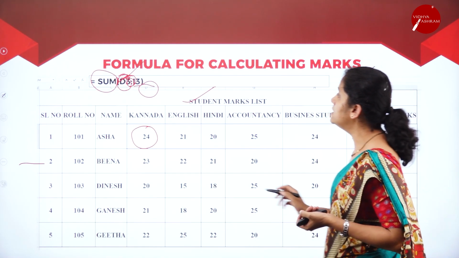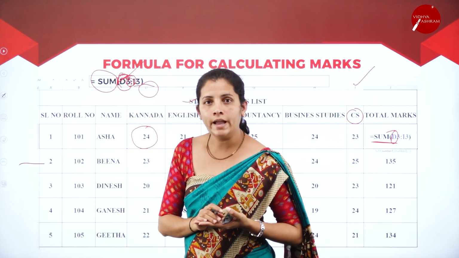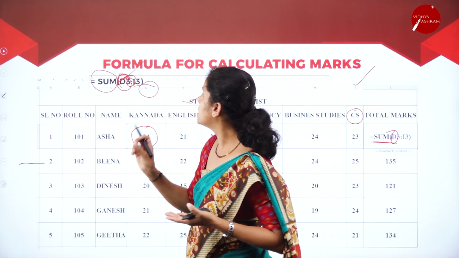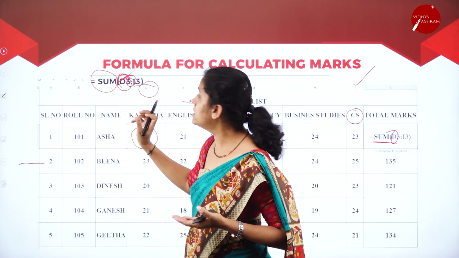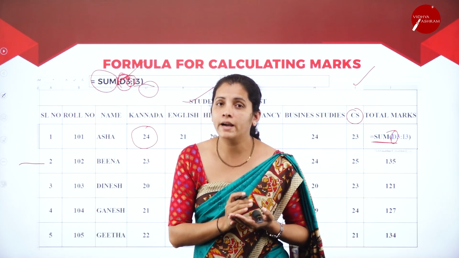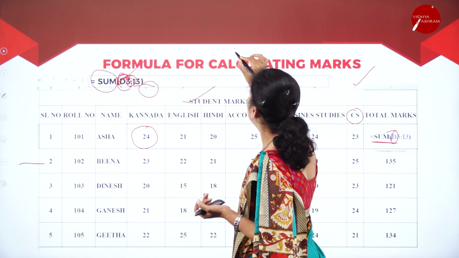formula that is sum of, I'm going to pass the address. So what is the address I'm going to pass? That is nothing but the cell address, and I want to specify the range. For that reason I'm going to have a colon.